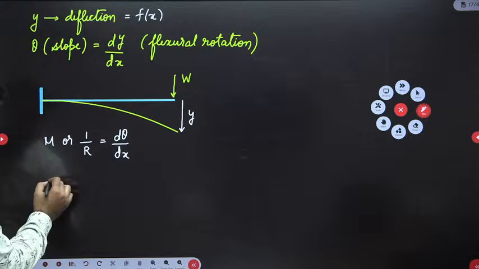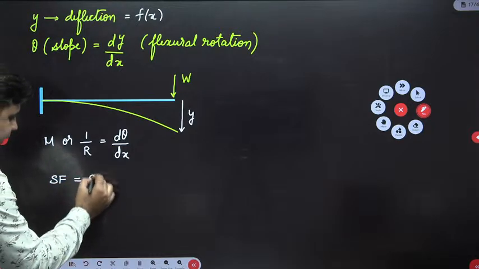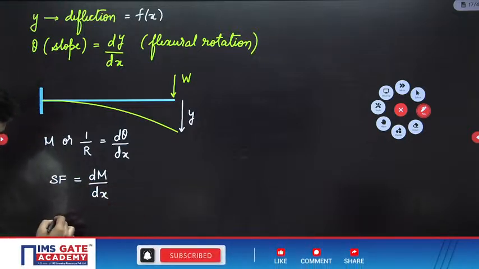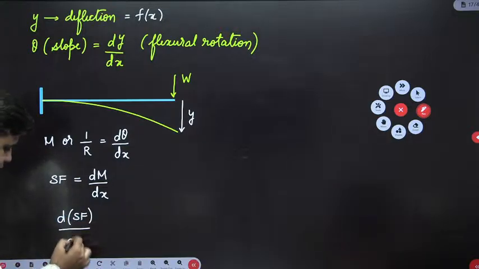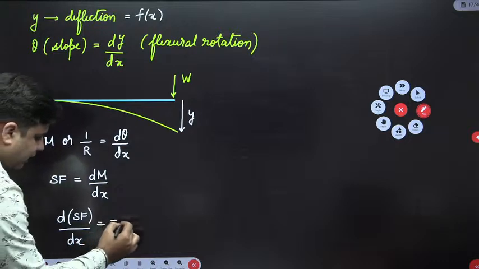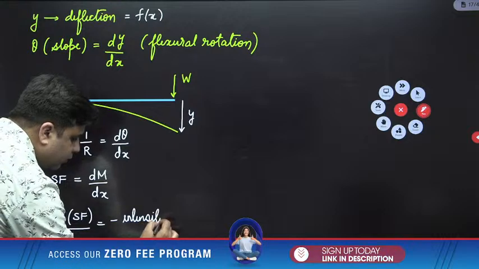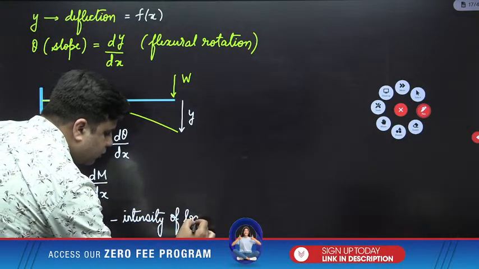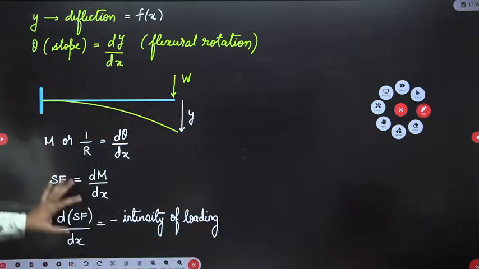Next, you have shear force, which is equal to dM by dx, and the last thing is dSF by dx, which is equal to minus times the intensity of loading. This flow chart should be remembered.